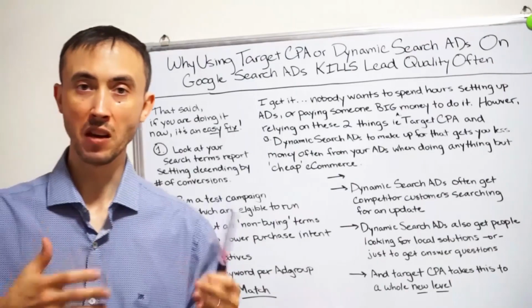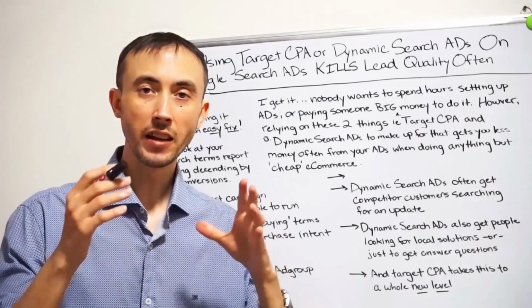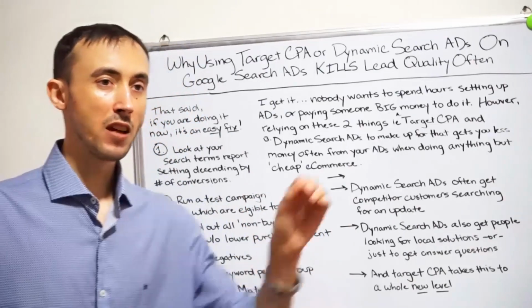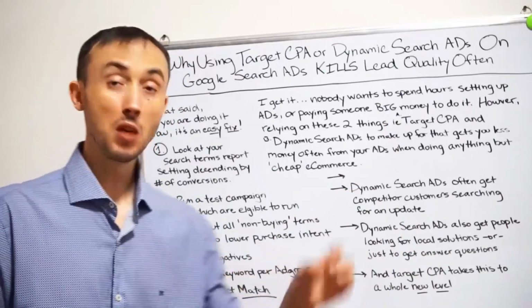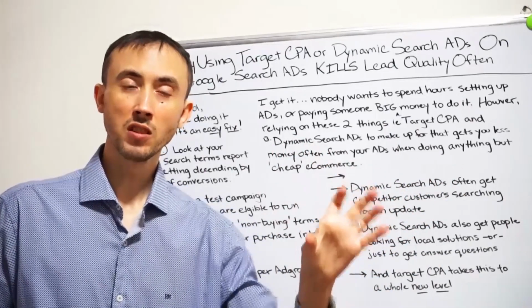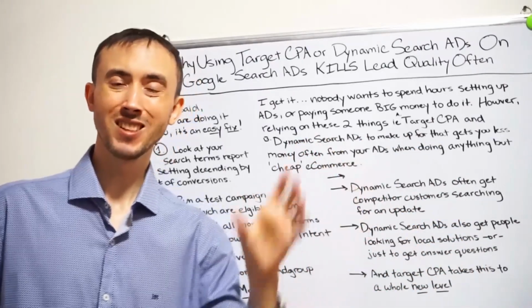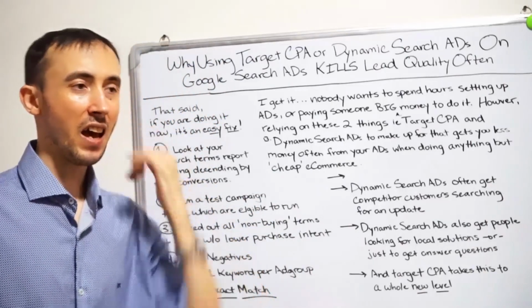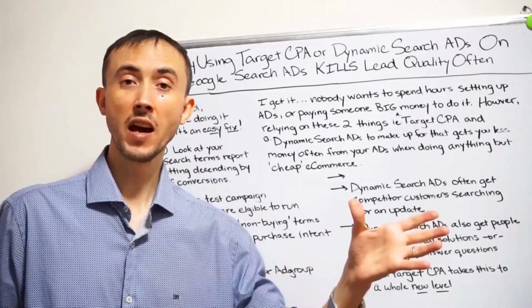So what I recommend, out of that list, once you know which ones you can actually bid on, is to take out the ones that aren't looking to buy right now. Stick with terms like buy red shoes, red shoes for sale, cheap red shoes, instead of just red shoes, because those are the ones that are statistically more likely to generate a customer, okay?